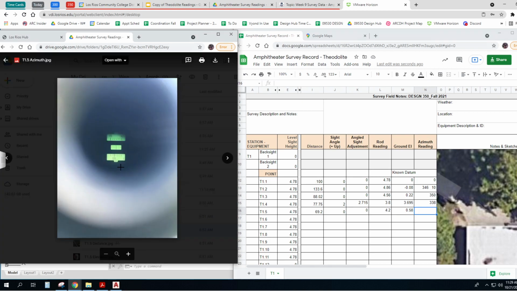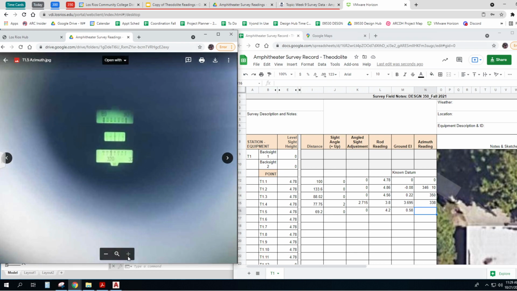And our azimuth reading is 320, 40, and I don't know what that one is, so we'll call it 320, 40. So there we go. That's what our survey was. Now we went back out there and he'll post those ones up, but we went back out to get a couple more points.